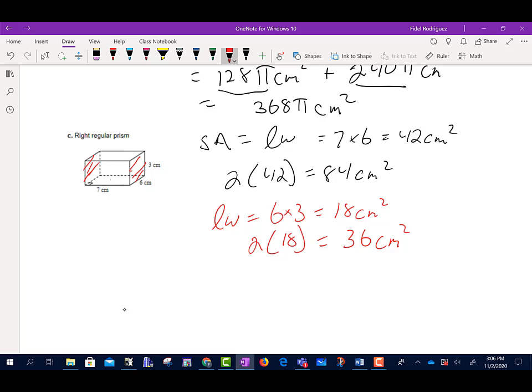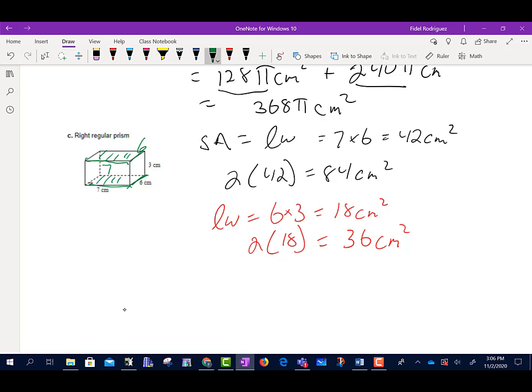Okay. And now let's do the top and the bottom. Okay. So here's the top. Well, I know that this piece is also 7, that piece right there. And if this is 6, I know that's going to be 6 too. And, oh, you know what? Oh, let me see. Did I mess something up? Yes. You know what? I did the top and the bottom earlier. I'm sorry. When I was doing this, I did the top and the bottom because I was going 7 times 6, right?